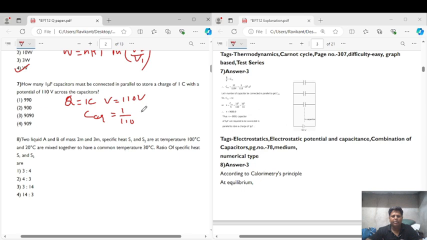And if they are connected in parallel, suppose n number of capacitors are connected in parallel, their equivalent capacitance can also be written as n into C, and C over here is 1 microfarad. So using this equation, we get 1 upon 110 is equal to n into C. C is 1 into 10 to the power of minus 6 farad.